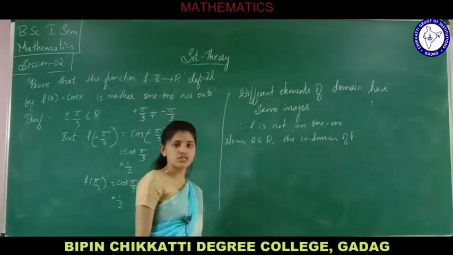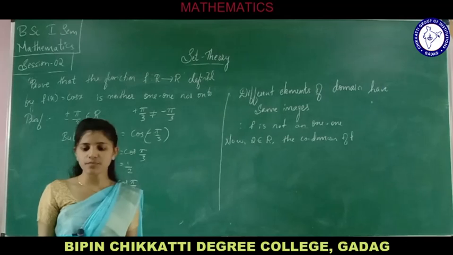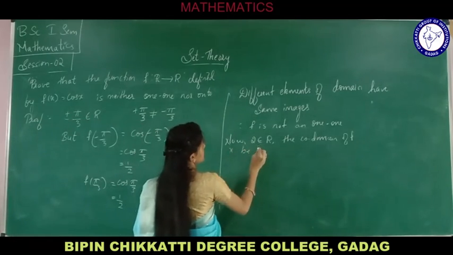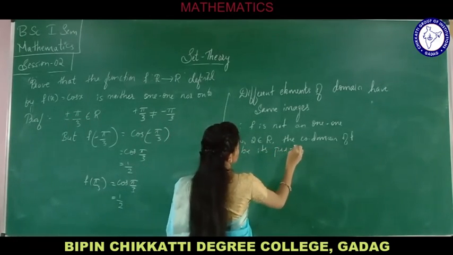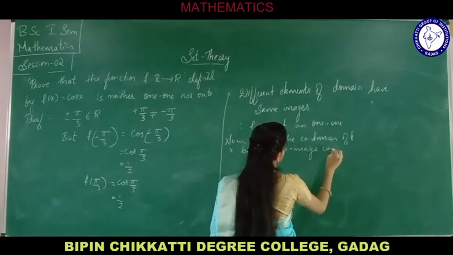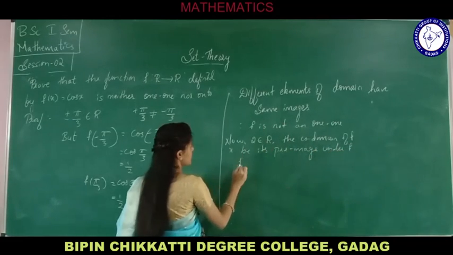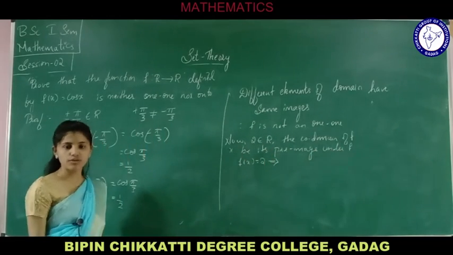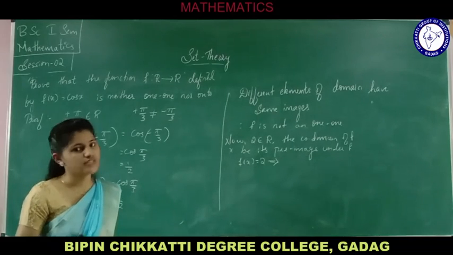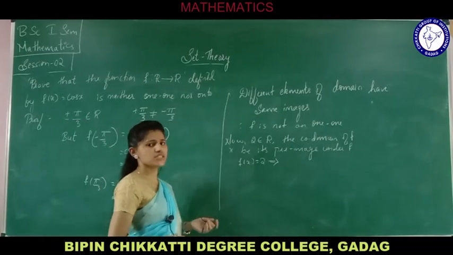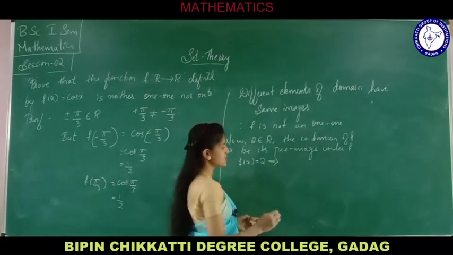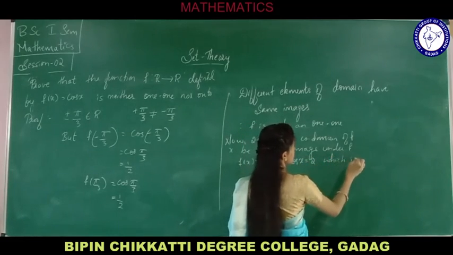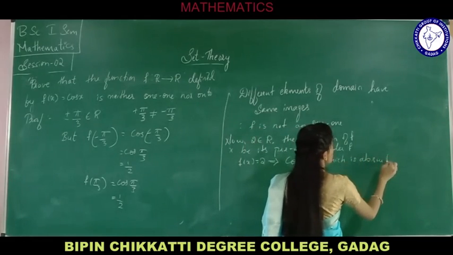If so, let x be its pre-image under f, that is, f of x equals 2. This implies that cos x equals 2, which is not possible, which is absurd.